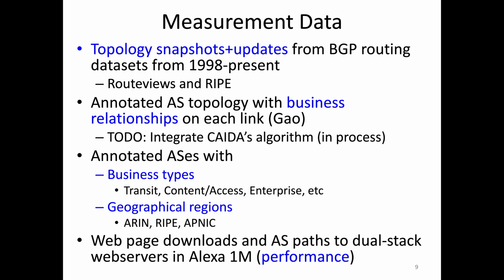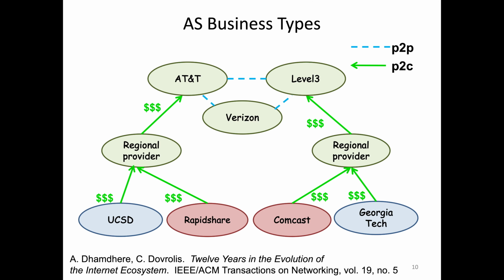To measure performance, the authors measured web page downloads and the associated AS paths, so they measured performance from various ASs to the Alexa 1 million most influential websites, or at least the subset of those sites that supported both IPv6 and IPv4.